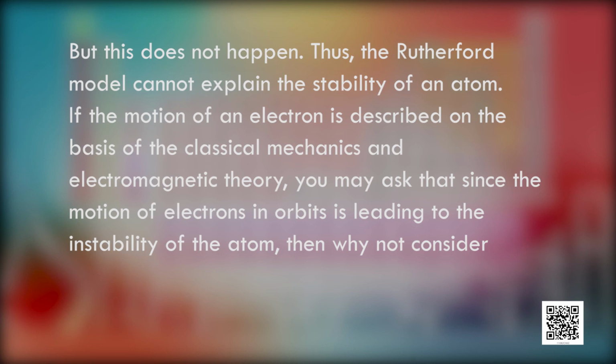You may ask, since the motion of electrons in orbits is leading to the instability of the atom, then why not consider electrons as stationary around the nucleus? If the electrons were stationary, the electrostatic forces of attraction between the dense nucleus and the small electrons would pull the electrons, and again the electrons would merge into the nucleus.